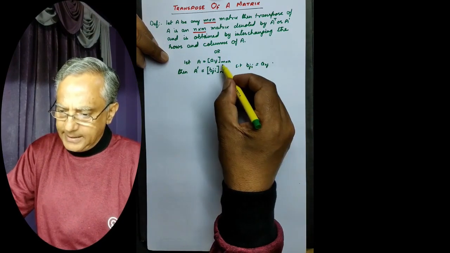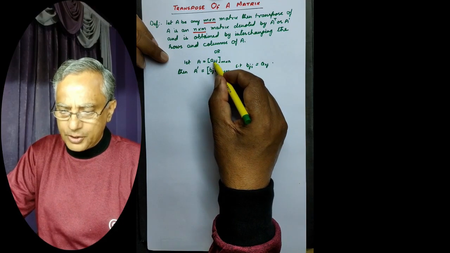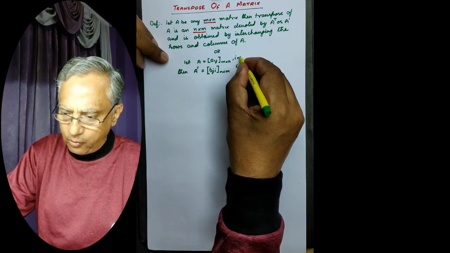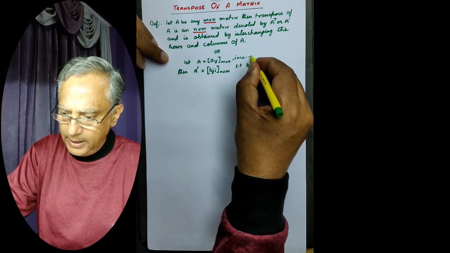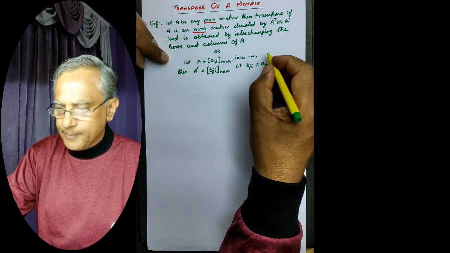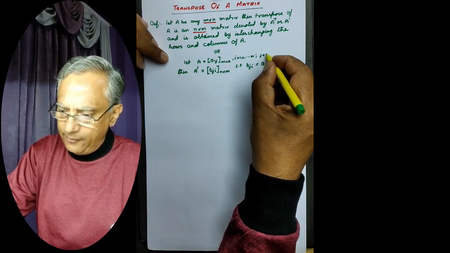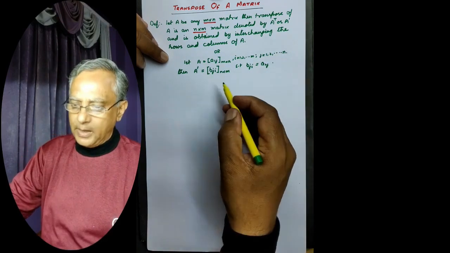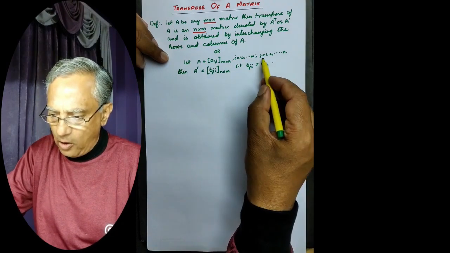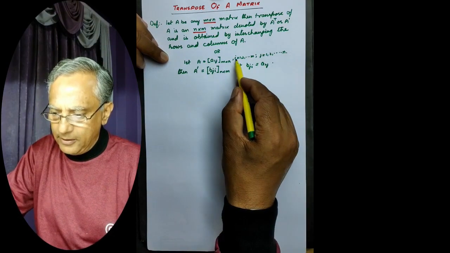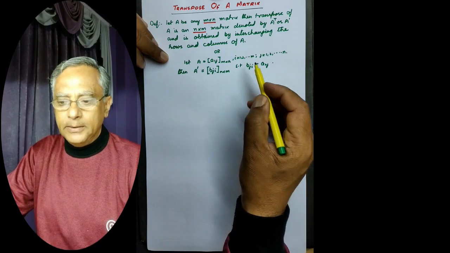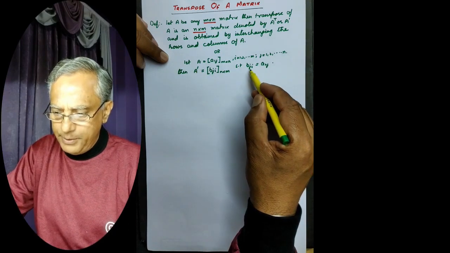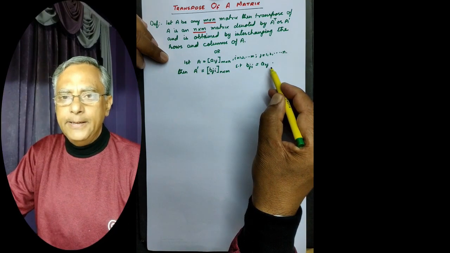Now, since A is an m cross n matrix, its row index i will vary from 1 up to m, and its column index j will vary from 1 up to n. And here again j will vary from 1 to n and i will vary from 1 to m. And the relation for A dash, the transpose, is Bji must be equal to Aij.